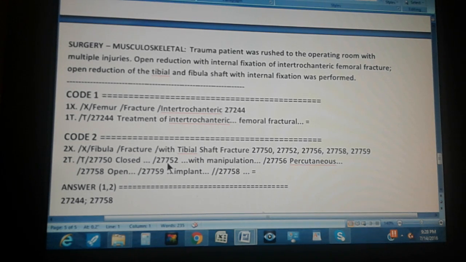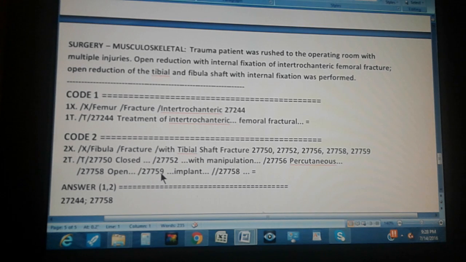The second one is with manipulation. The 27752 is with manipulation. It doesn't say with manipulation in our text. That eliminates it. The third one, 27756, percutaneous. It doesn't say percutaneous there. The next one, 27758, is open, and ours is open. So this is the best one so far.